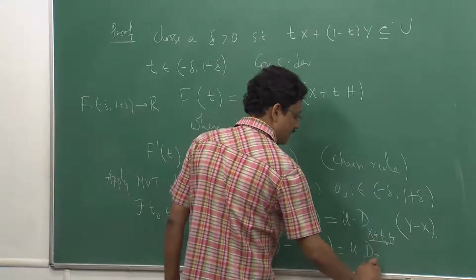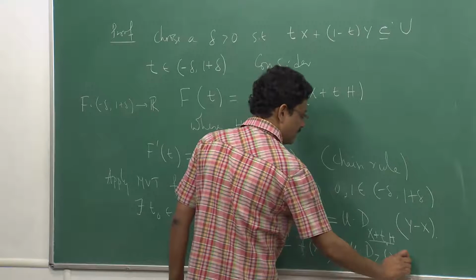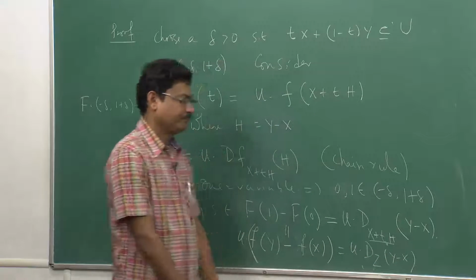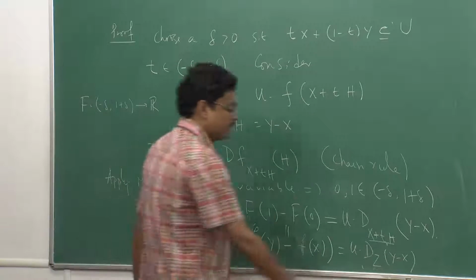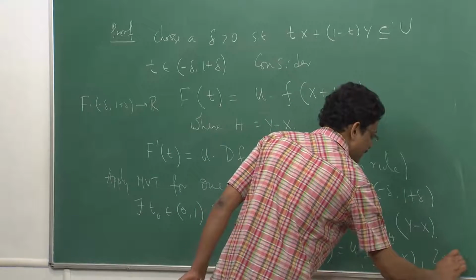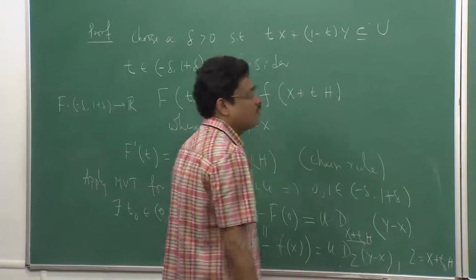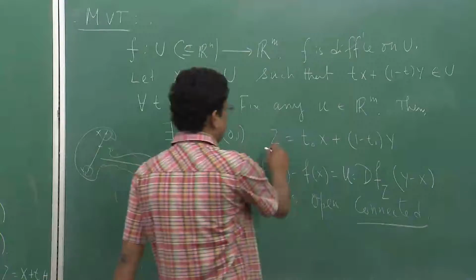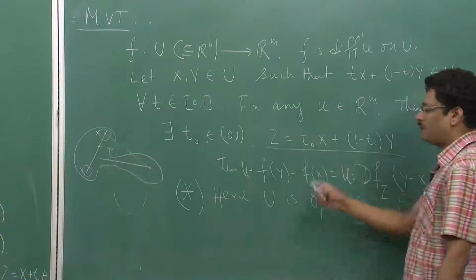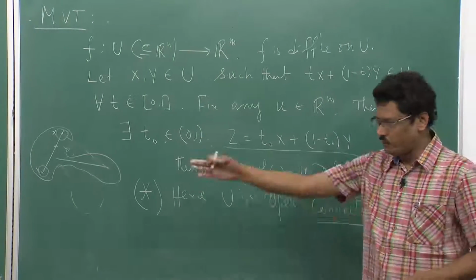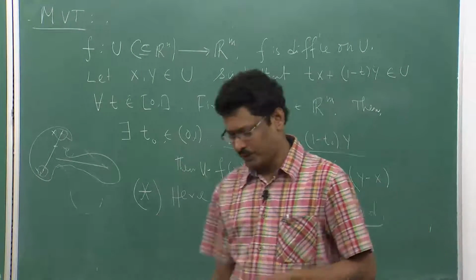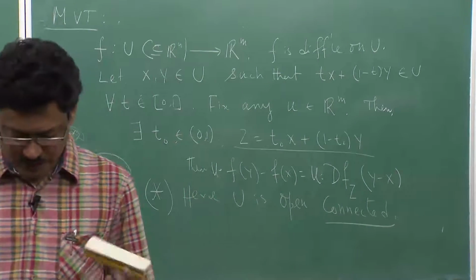Call this z naught, df at z at y minus x. So, your z is x plus t naught h, and if you write h equal to y minus x, you get z in this form, maybe 1 minus t naught and t naught, but that does not matter. So, this is a proof. Let us look at it carefully, you will work it out. So, this is the proof of MVT.